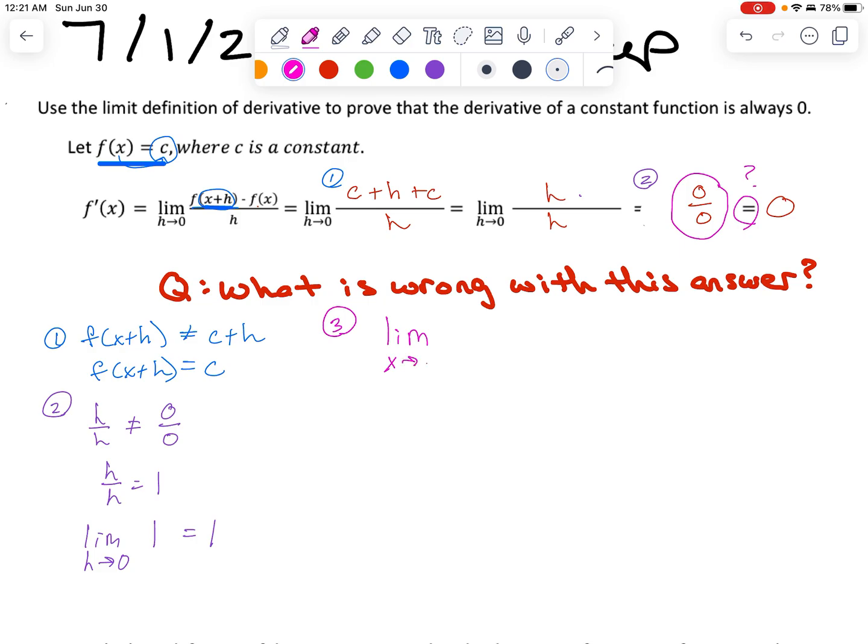So let's say x goes to a, and you substitute in a, and you get 0 over 0, what that really means is that the same factor is in the numerator and the denominator. That means that there's an x minus a in the numerator, and in the denominator, there's also one. So they have some common factor at a that is cancelable.